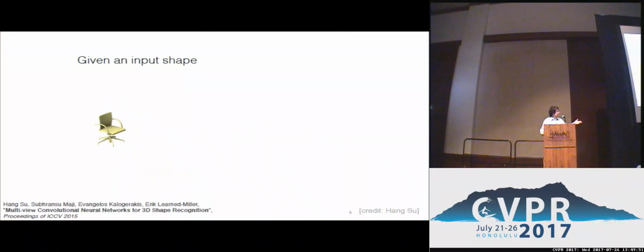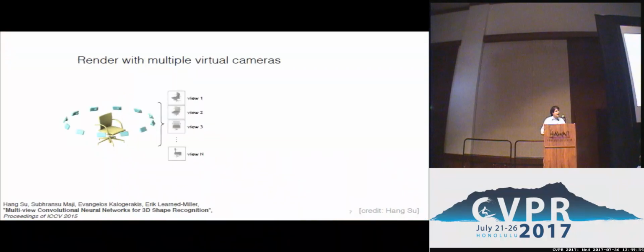And here, the idea is to take the input 3D shape and render it from multiple views. In the first version of the view-based CNN, what we did is place cameras around the 3D shapes. If the shape was upright oriented, we were placing 12 cameras looking at the center of the shape, elevated slightly from the ground, looking down towards the shape. The rendering was done by passing your polygon mesh through your GPU that is capable of very fast rasterization, to find all the pixels that are painted by your polygon mesh.